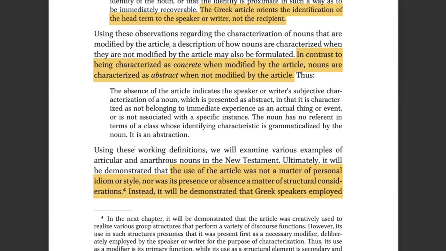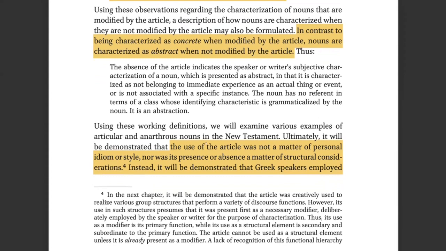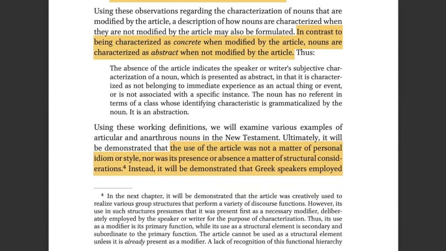Using these working definitions, we will examine various examples of articular and anarthrous nouns in the New Testament. Okay, so now he's getting into examples, and this is where the James example comes in. Ultimately, it will be demonstrated that the use of the article was not a matter of personal idiom or style, nor was its presence or absence a matter of structural considerations.